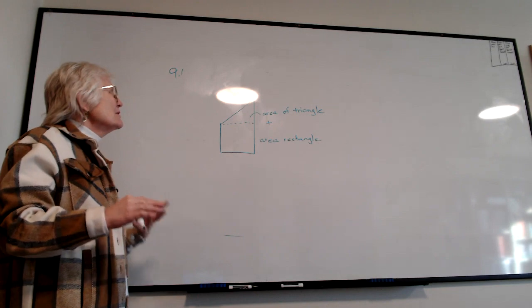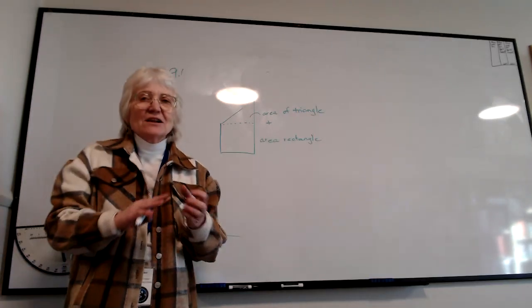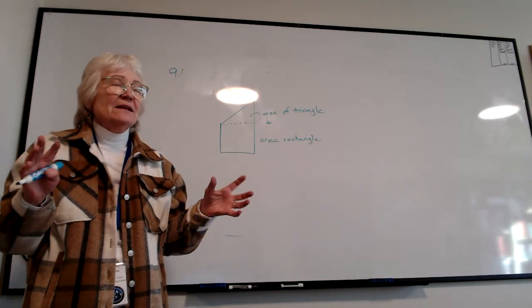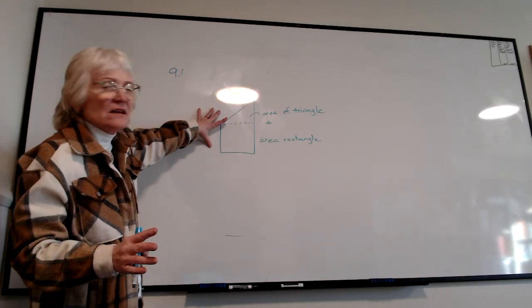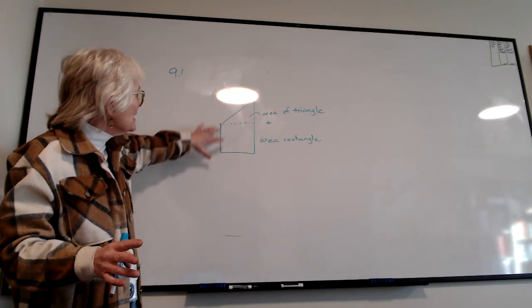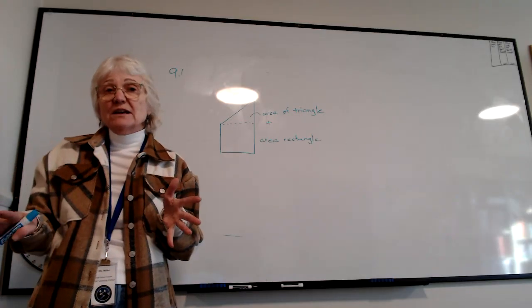Usually any polygonal region, remember the polygonal region is something that is not concave, it is convex, it goes out. It has straight lines, so we can usually at least break it into triangles.